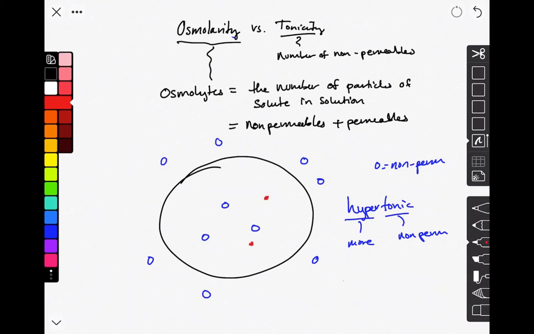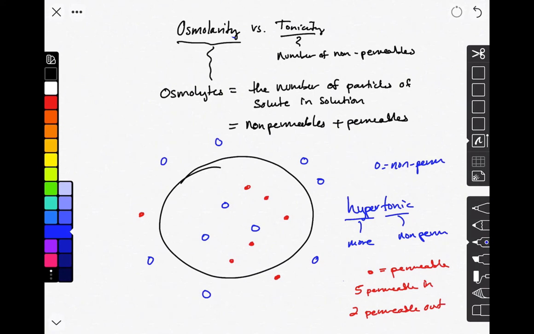So now I'm going to add in permeable osmolytes. And as I'm adding in the permeable osmolytes, if we start to count these, we can actually look at what we have inside and outside. It turns out I have 5 permeable osmolytes on the inside, and I have 2 permeable osmolytes on the outside.